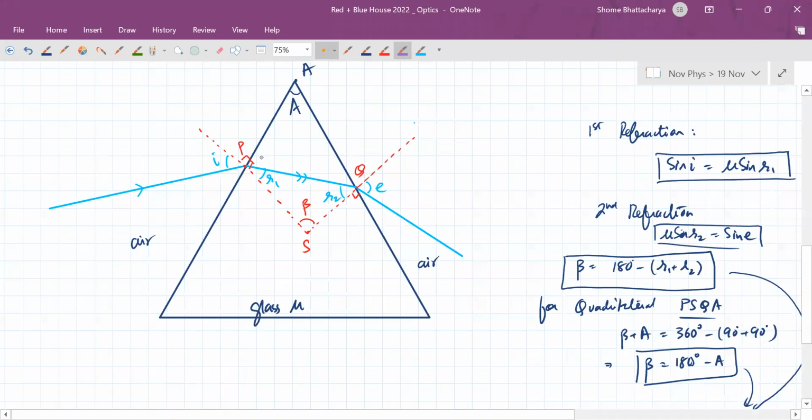Now also in this, we can see that if we produce this first incident ray forward, this is the deviation that it has suffered, delta 1.